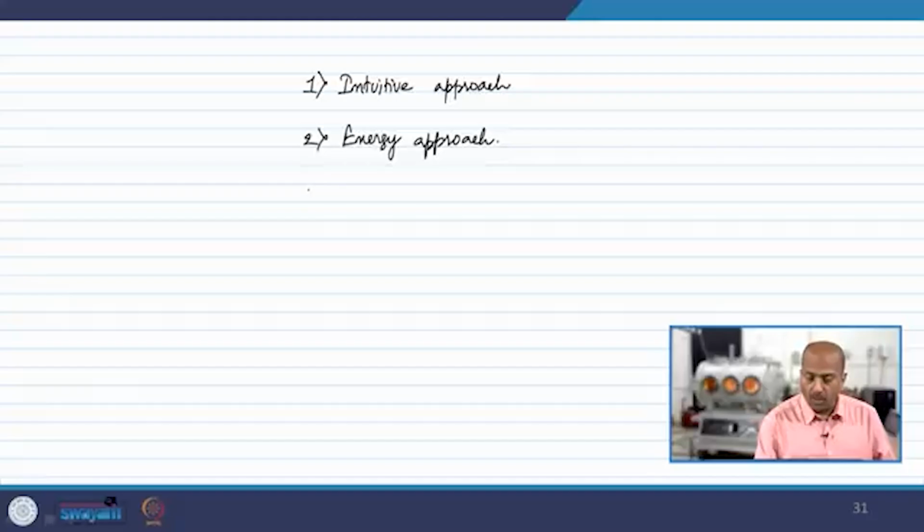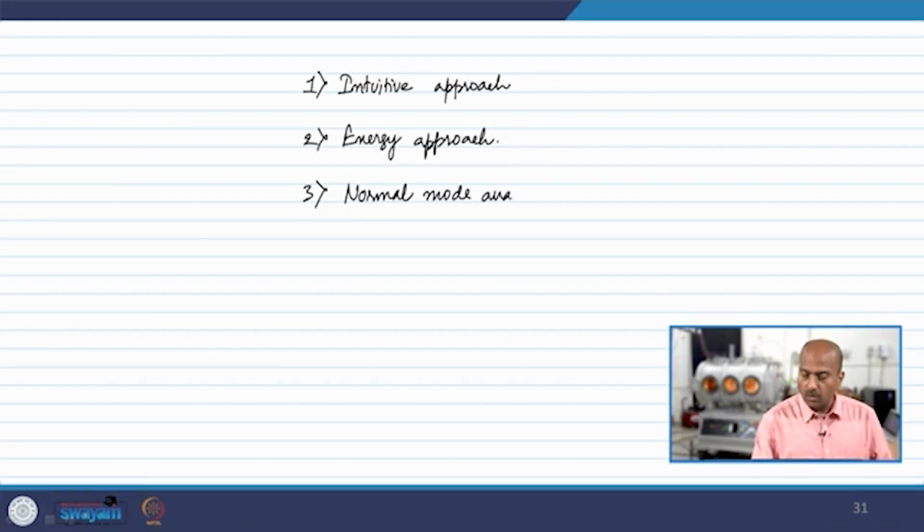Normal mode analysis. The third method for probing the stability of plasma is called the normal mode analysis. You see, in the energy approach, if the change is negative, that means the initial potential energy is smaller than the final potential energy, right?